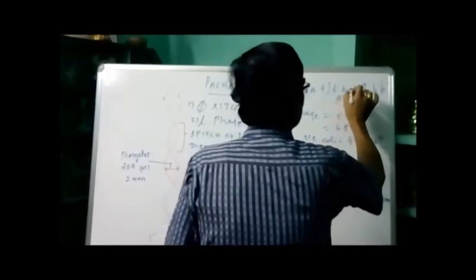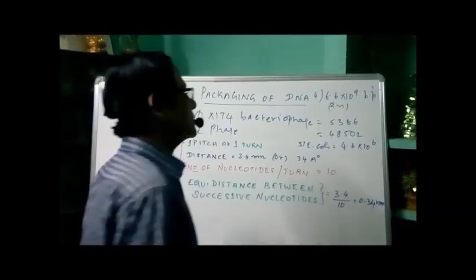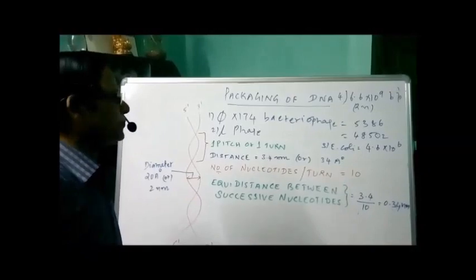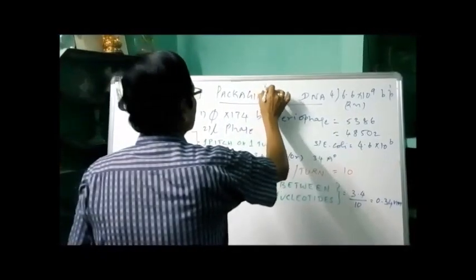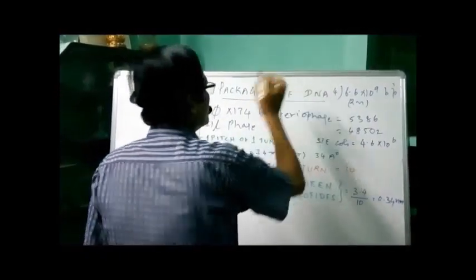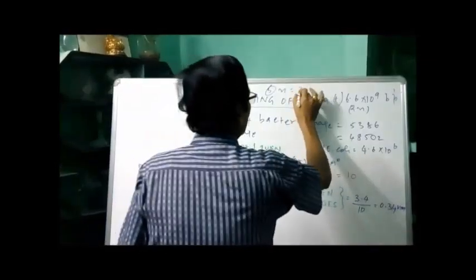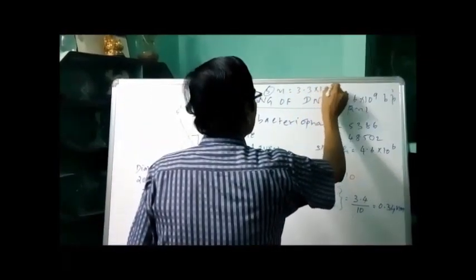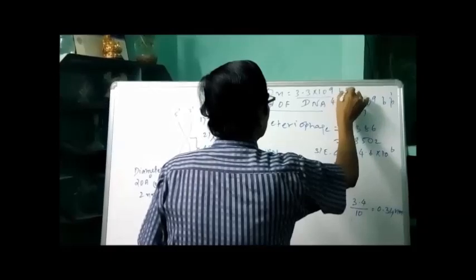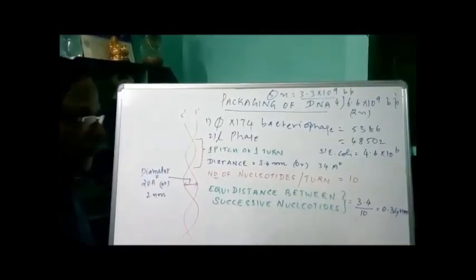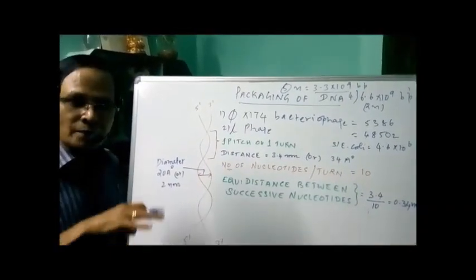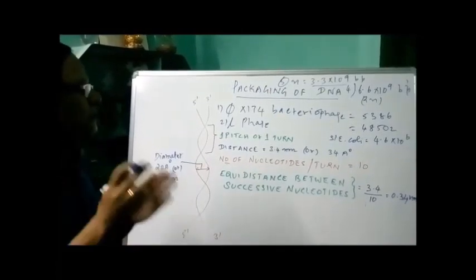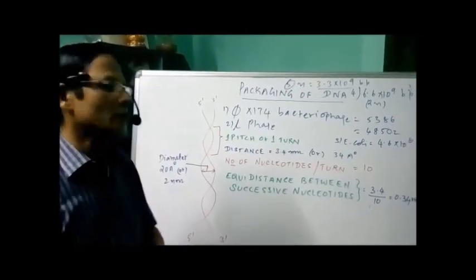What is the number of nucleotides present in a haploid cell? In the case of a human haploid cell, we have 3.3 into 10 power 9 base pairs. So these base pairs are the nucleotides found in different organisms, but constant for a particular organism.